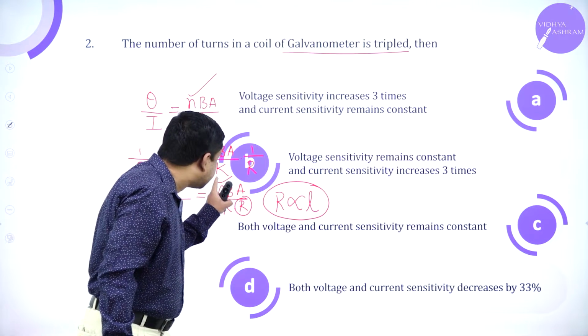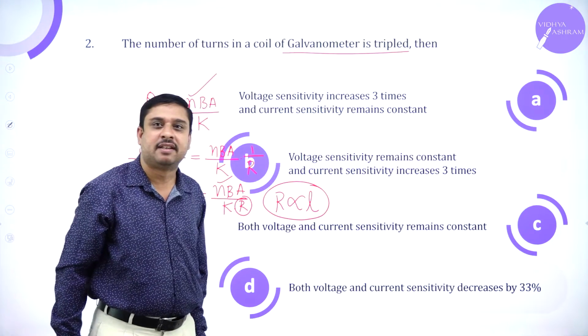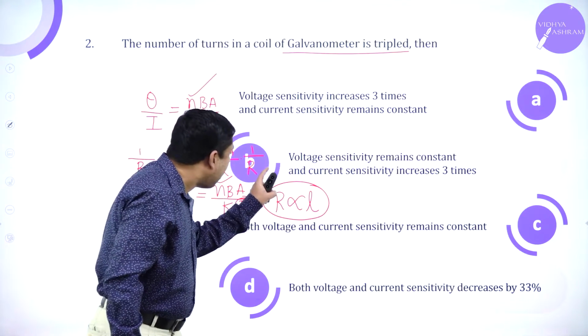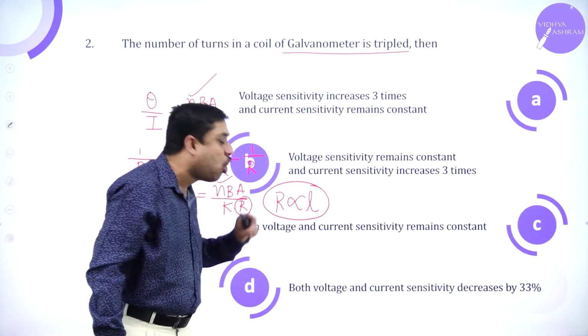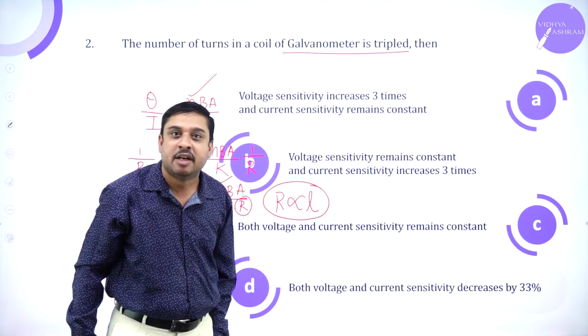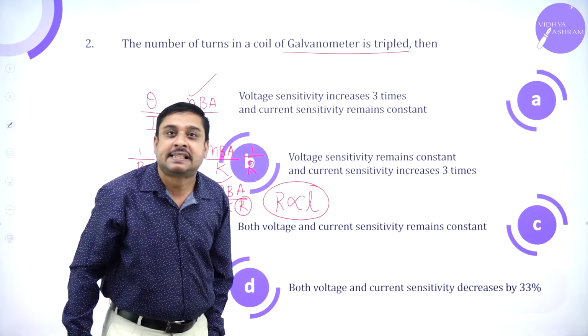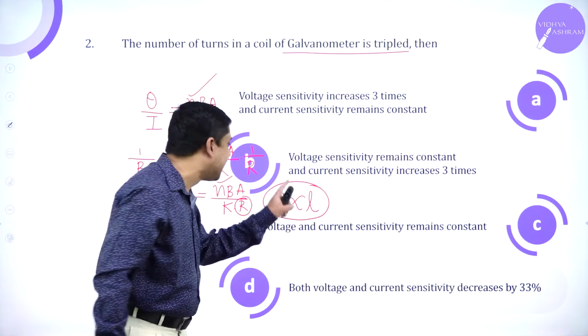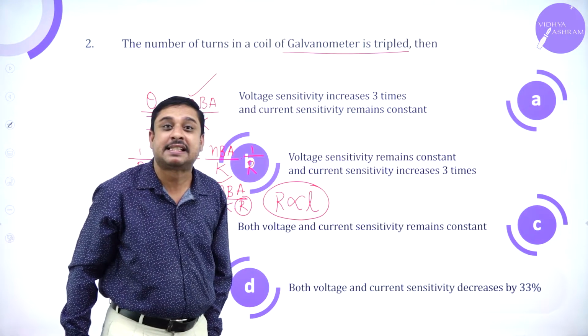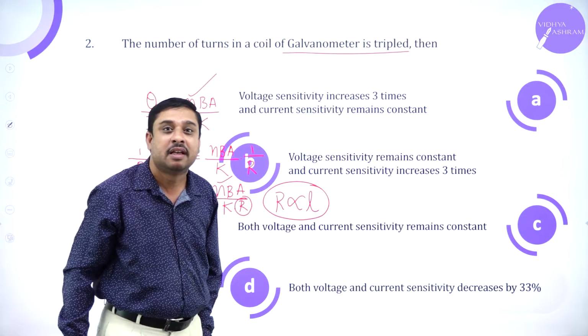N is getting increased, which means R is also getting increased, because as the length of the coil increases, resistance should increase.